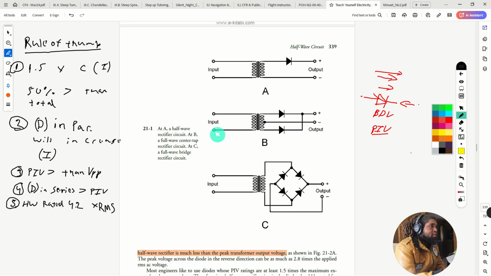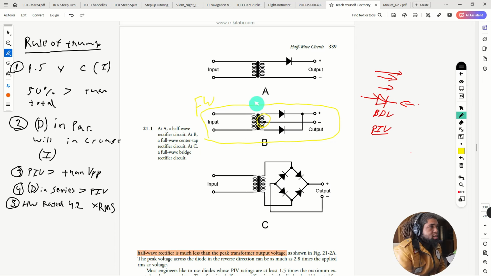With the full wave rectifier, we use a transformer with a center tap. You've got to use a transformer with a center tap for this to work.